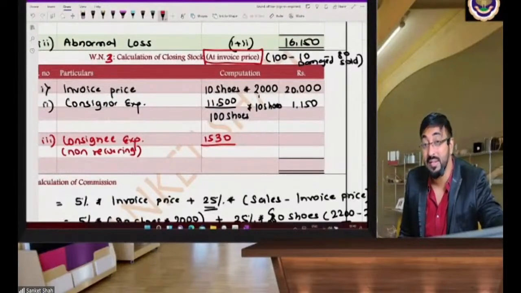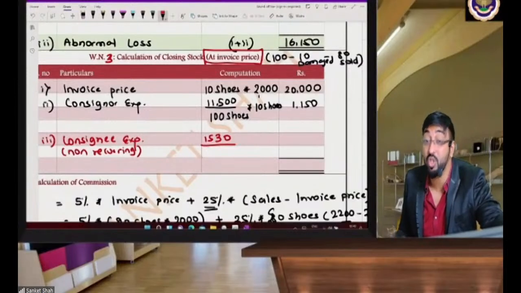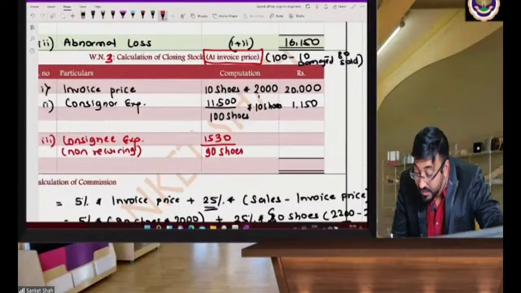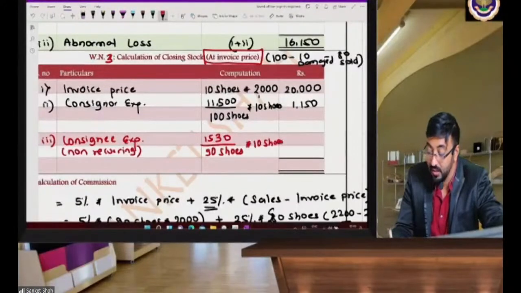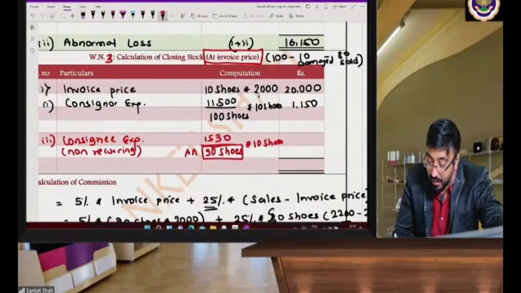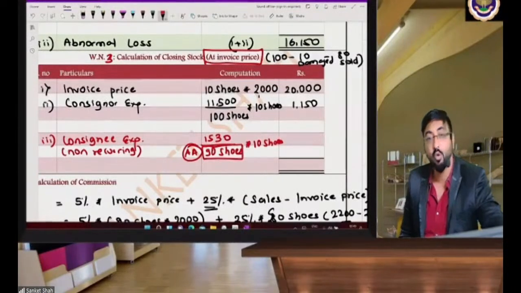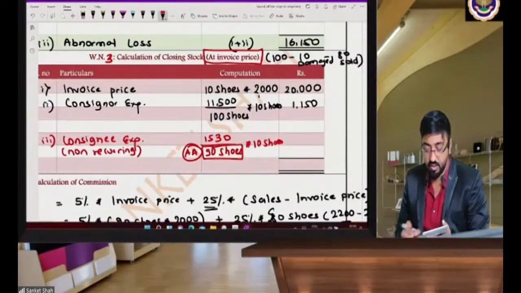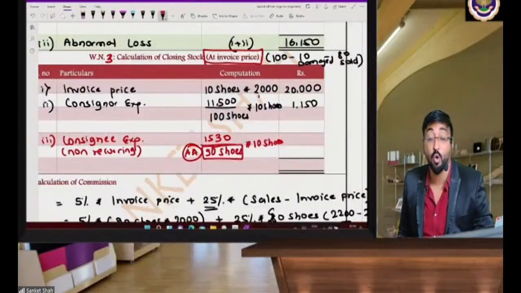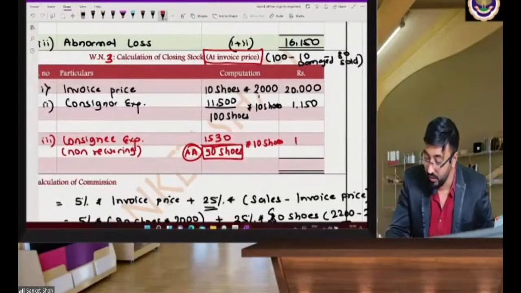So the consignee got only 90 shoes. Here students are making a mistake. 90 shoes, this is very important, and then you multiply by 10 shoes. This is an accident area. Many students will divide 1530 by 100 into 10. Wrong. 100 is wrong, 90 is correct. And 17 into 10, you will get 170 rupees.